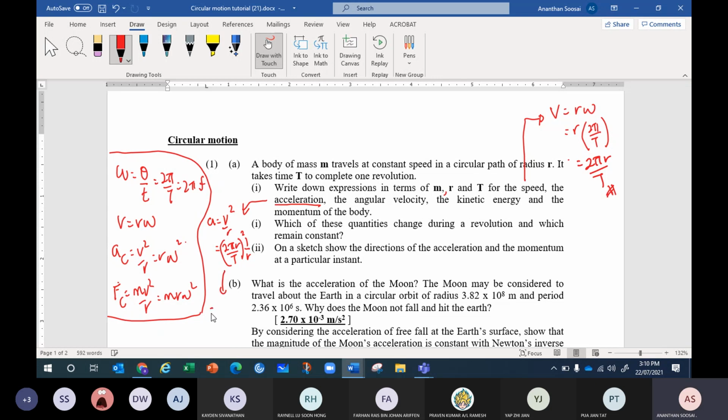They end up getting what? Expanded, you get 4 pi squared r squared over T squared, times 1 over r. The r squared and r cancel, so you get 4 pi squared r over T squared. This is your acceleration.